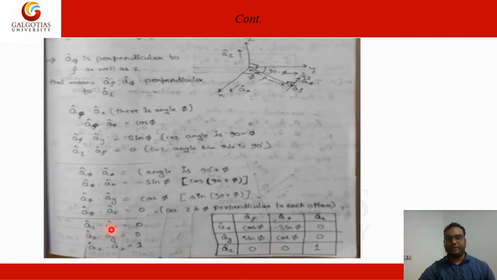Here az dot ax is 0, az dot ay is 0, and az dot az is 1. So az dot a rho is 0, az dot a phi is 0, az dot az is 1. So memorize this table for future numericals and for your vector conversion. It is easier to convert vectors by using this table.